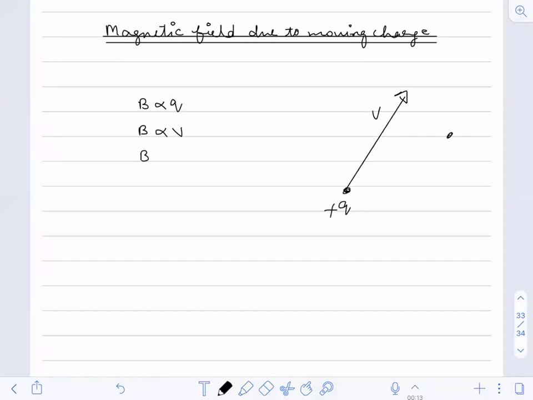Now at this point, if I wish to calculate the magnetic field, you will just take the position vector from the charge to this point. So this is the r vector, and this is angle theta from the velocity vector.